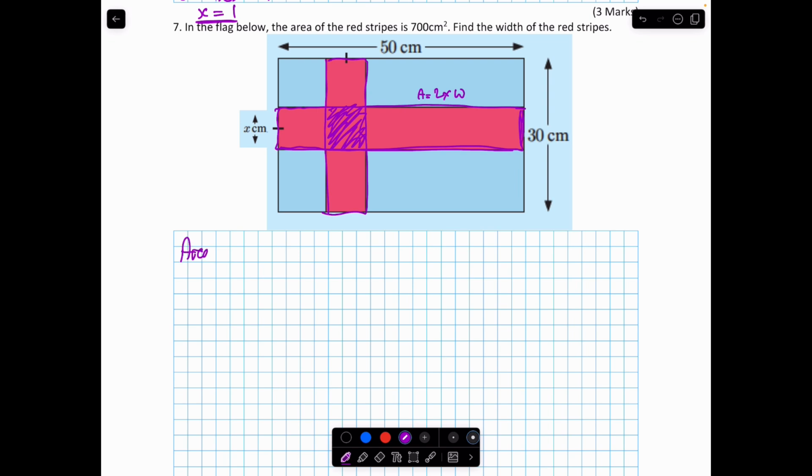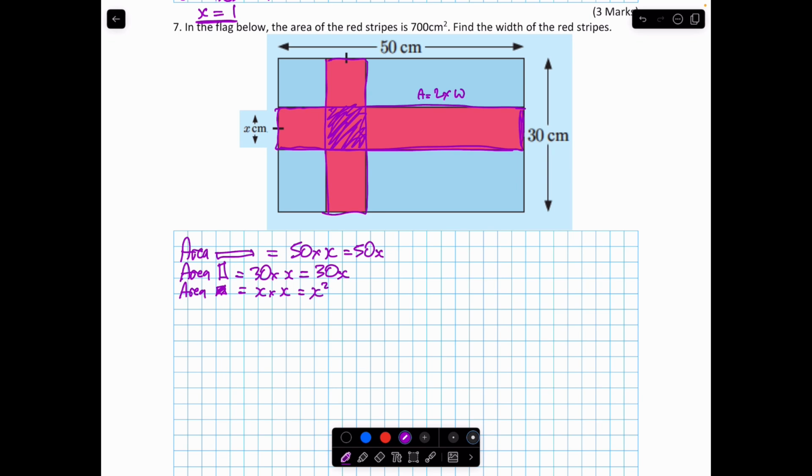The area of the long rectangle is going to be the 50 times by the x that it is wide, so it's going to be 50x. The area of the short rectangle is equal to 30 times by x. It's going to be 30x, and the area of the square in the middle that we went over twice is going to be x times by x, which is x squared.